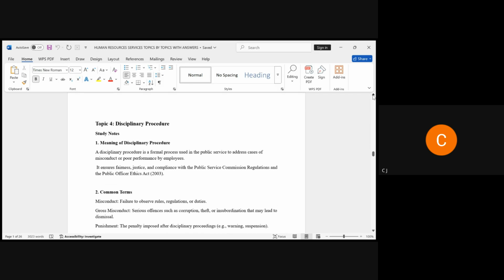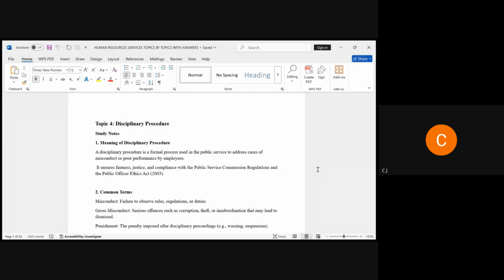Misconduct is failure to observe rules, regulation, or duties. Gross misconduct is theft or insubordination that may lead to dismissal. So misconduct is failure to observe rules.